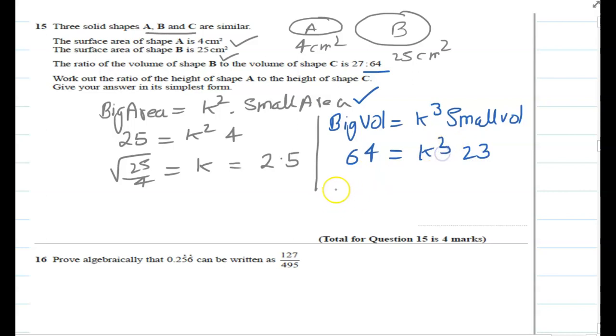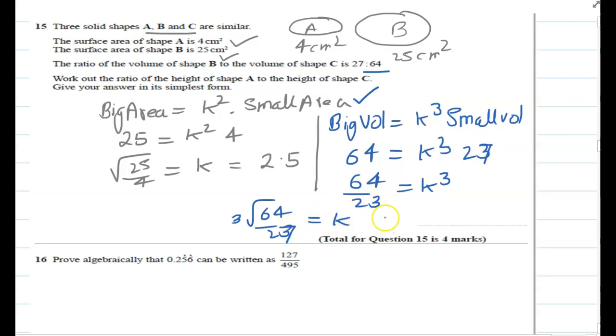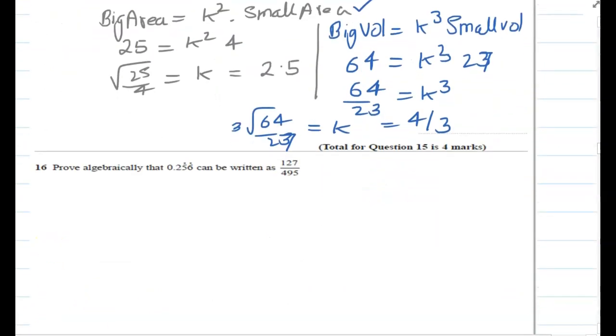So 64 divided by 27 is K cubed. So it will be the cube root of 64 over 27, and that is K, and the cube root will be 4 over 3. Yeah, is that fine? Let's go for another question.